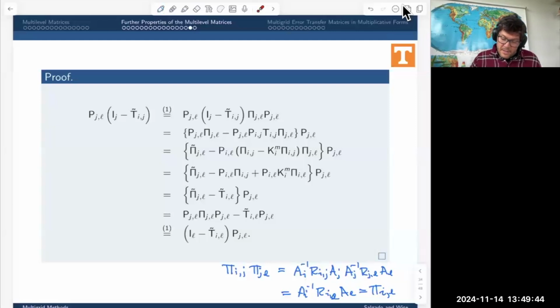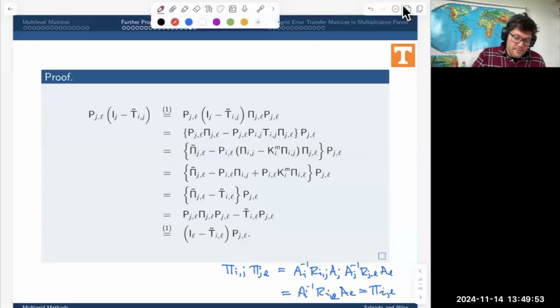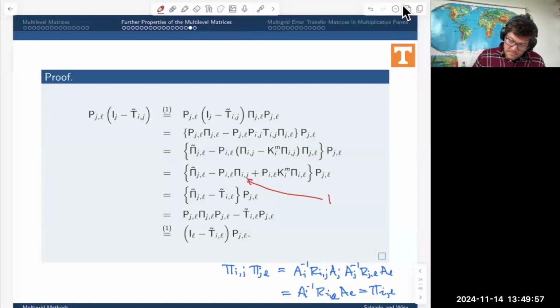So when I multiply these two times each other, I get pi IL. I should have gotten pi IL here as well. So that's what threw me off. That's a typo. That should be pi IL.